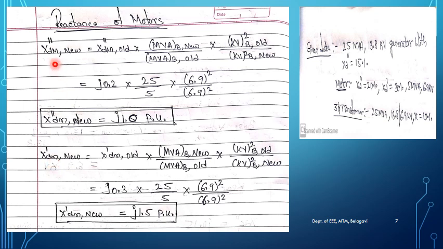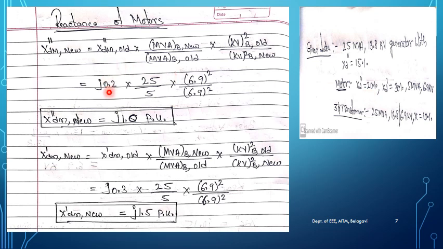The subtransient reactance of each motor is equal to the old subtransient reactance, into MVA base new divided by MVA base old, into kilovolt base old whole square divided by kilovolt base new square. The subtransient reactance of the motor is given as Xd dash equal to 20%. You are going to consider this reactance value, not the other one. If you are finding the subtransient reactance, you need to consider this value only.